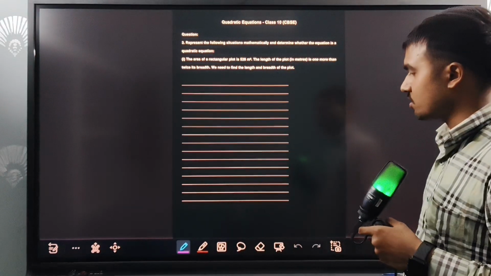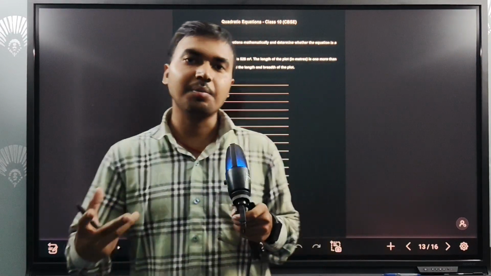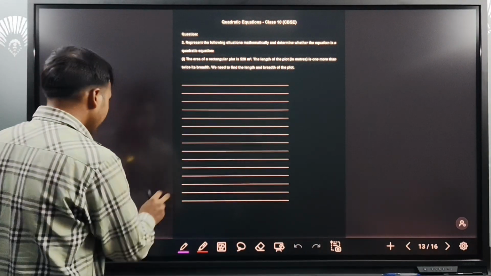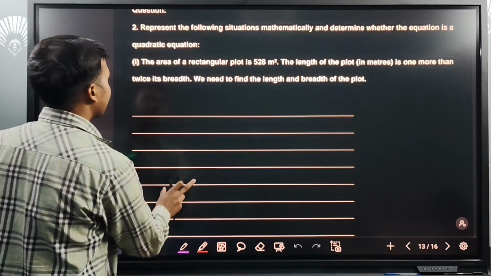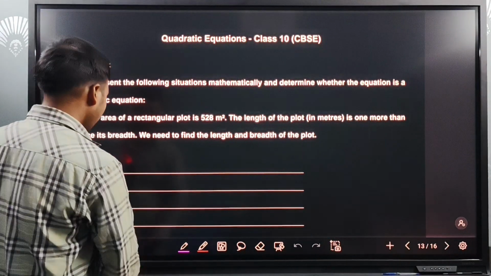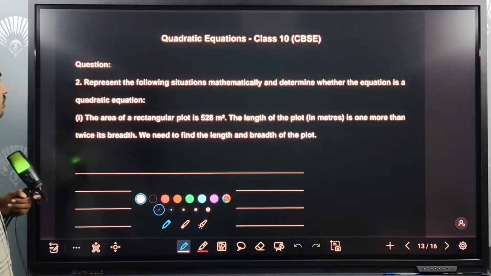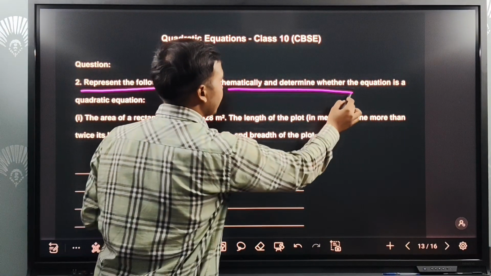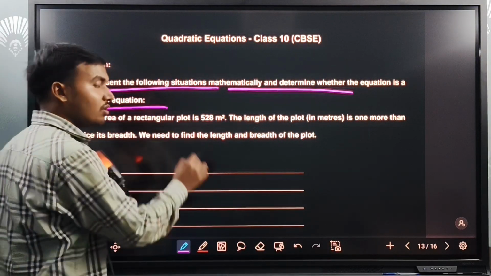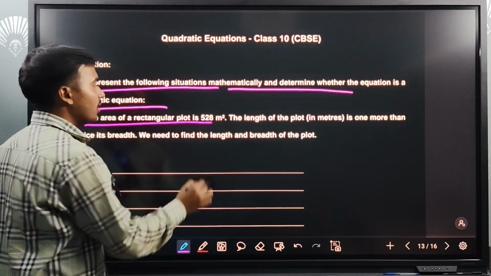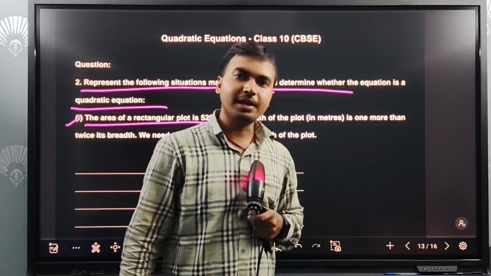Now moving towards the next question, question number two, which is a word type question. Firstly you will have to read these sentences and make the quadratic equation. Reading the question: represent the following situation mathematically and determine whether the equations are quadratic or not. The first question is, the area of a rectangular plot is 528 meter square.